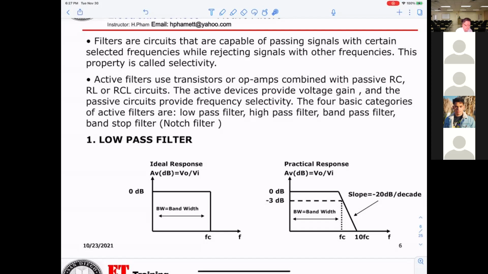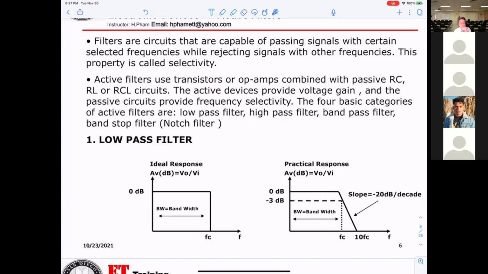So you understand that we use the op-amp to build a filter. The op-amp can be inverting or noninverting follower, and you can calculate the gain. And also they have the R and C in the circuitry, which they call a passive circuit. That will give you the frequency you wanted.